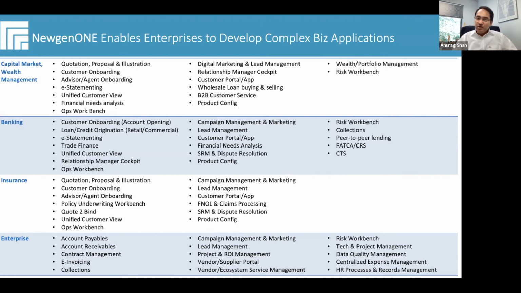And then if we look at cross-industry enterprises, those shared service organizations processing invoices, accounts payable, receivables, managing the contracts for your suppliers and vendors, managing your internal employees, HR related processes, and all of those things.